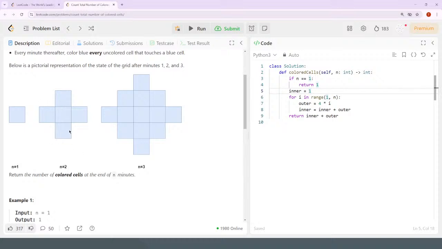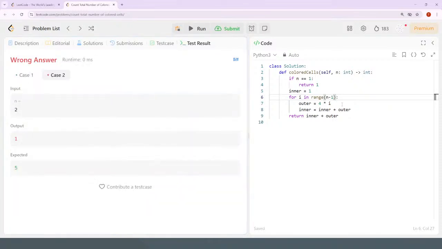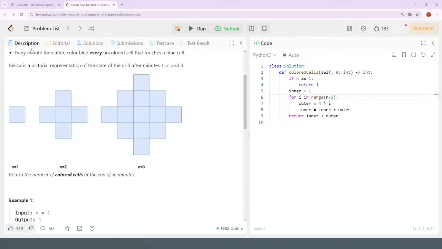So if this is n equals 2, here I should be 0. Should do it 1 time. Or if I should just do something like this, n minus 1. So your outer originally is 0. Oh my lord. What is going on? What is going on?